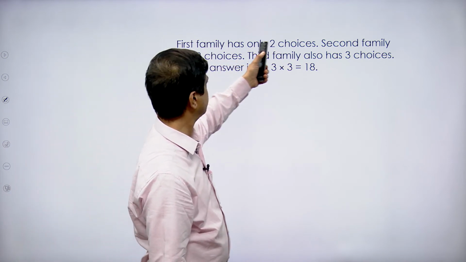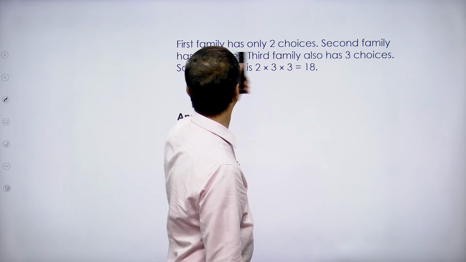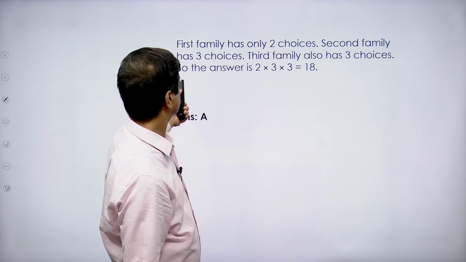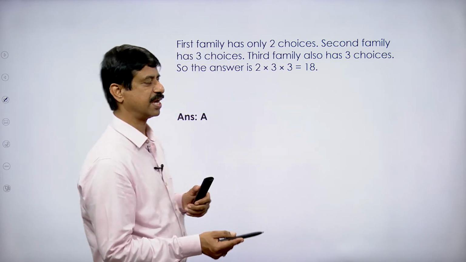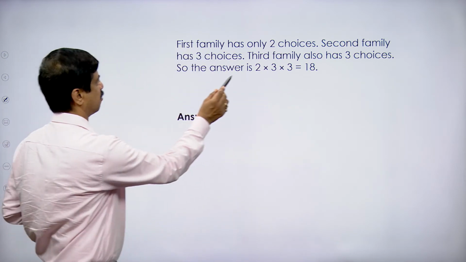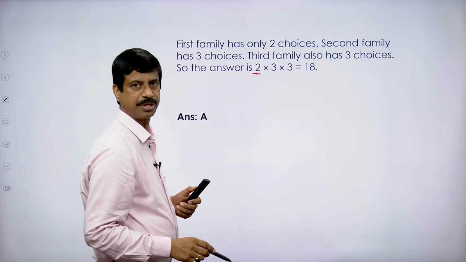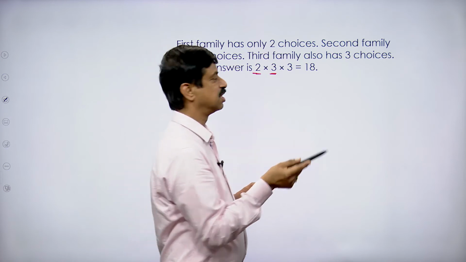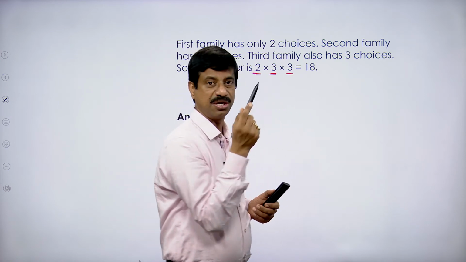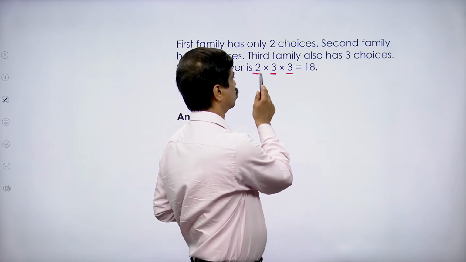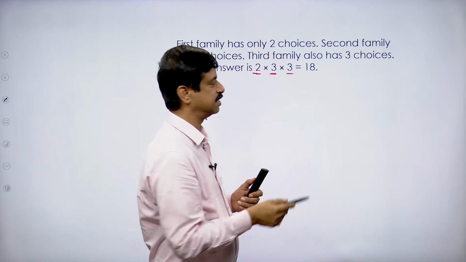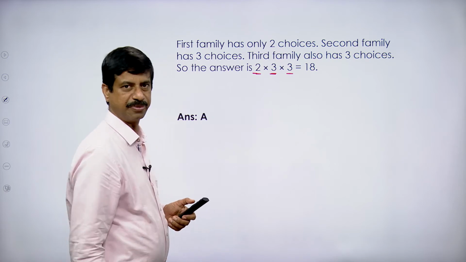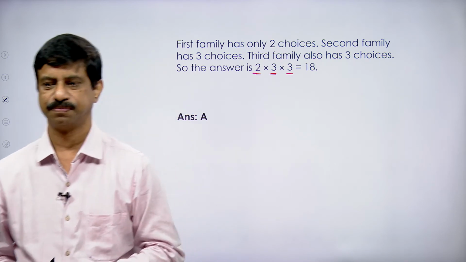So the total number of ways that they can do is, first family can pick any of the 2 choices they have, second family can pick any of the 3 choices they have, and third family also can pick any of the 3 choices they have. So total number of ways they can select is 18 ways. So that is option A. Right children? Please note it fast, quick.